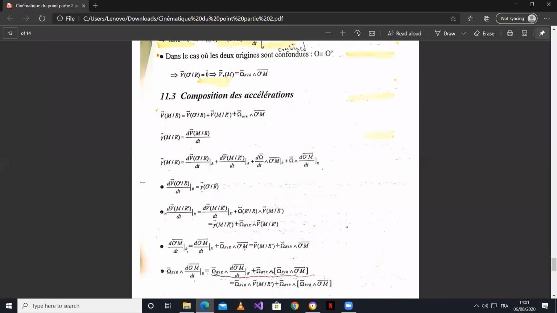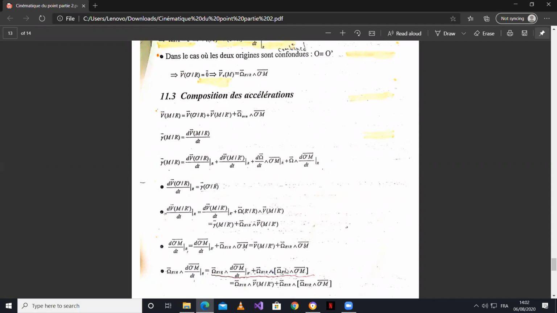So it's going to be omega vectorial de O prime M dt in R prime from formula de Bohr, because O prime belongs to R prime, plus omega. This omega is this omega this side, omega vectorial, the omega that we'll get from formula de Bohr, vectorial, the vector we are deriving.